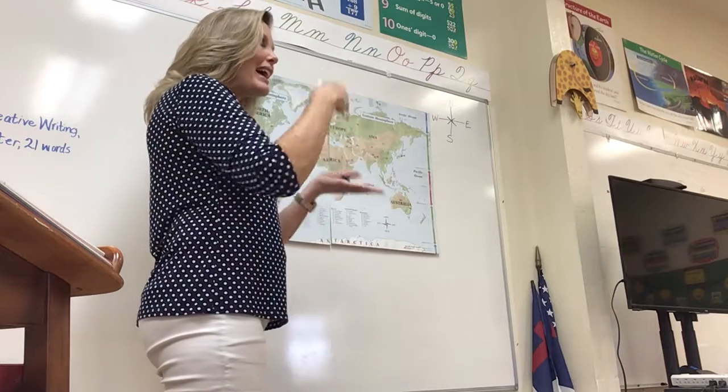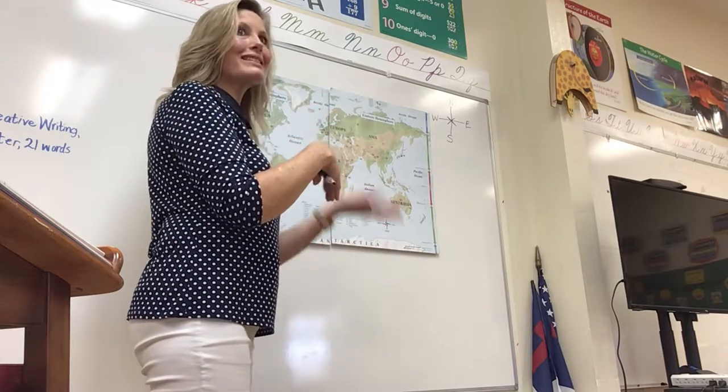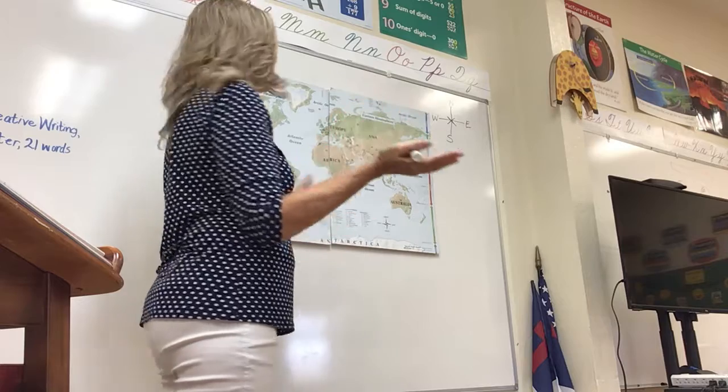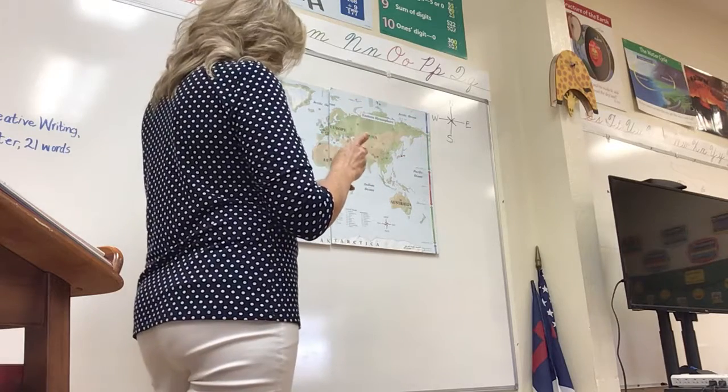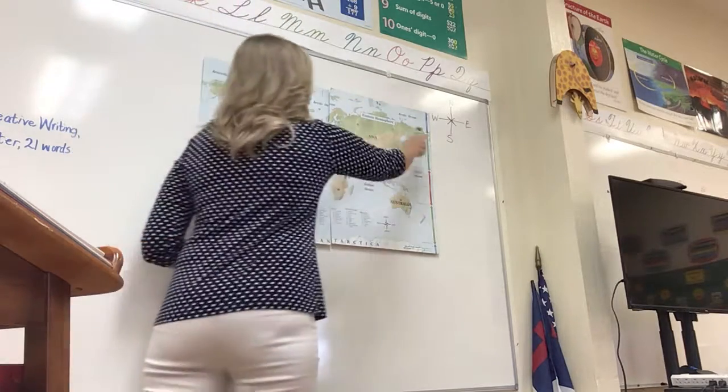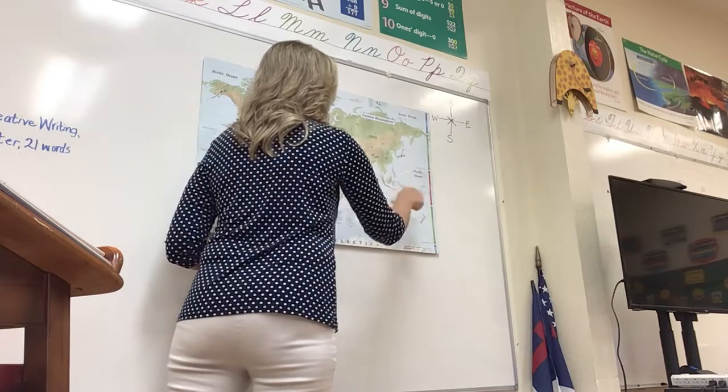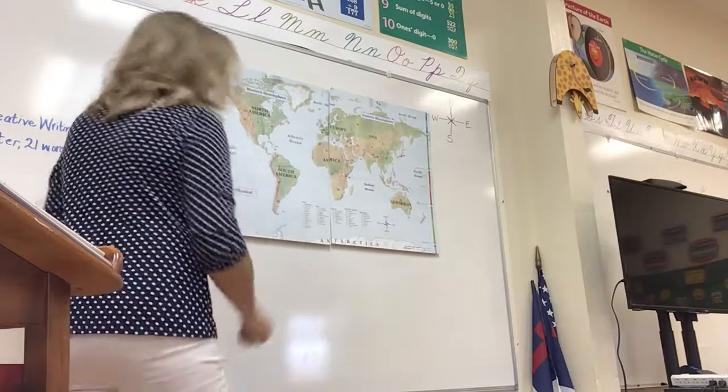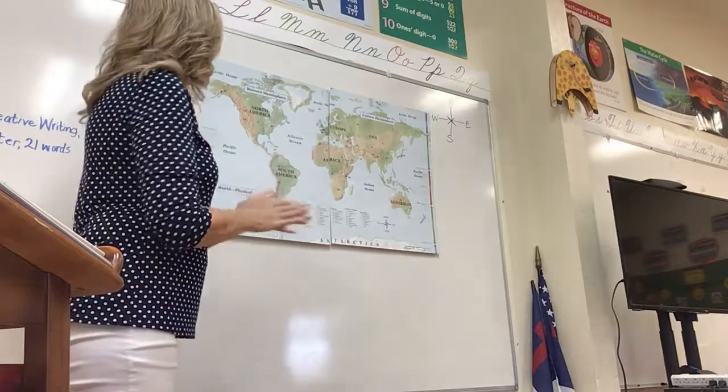Do you hear that S in both of those words? West is left. That's about the only way you can remember west and east. All right, so this eastern border of Asia, Australia, is going to be your Pacific Ocean.